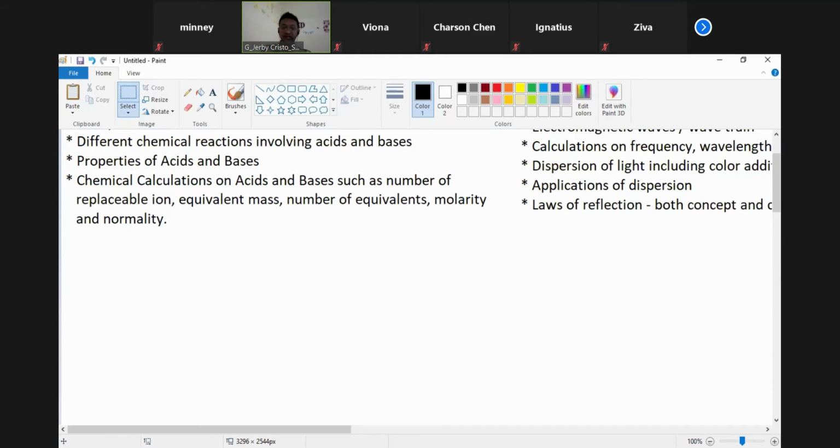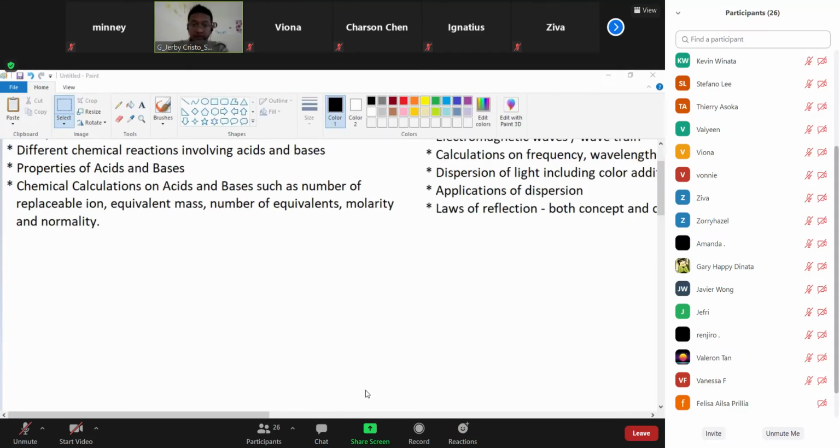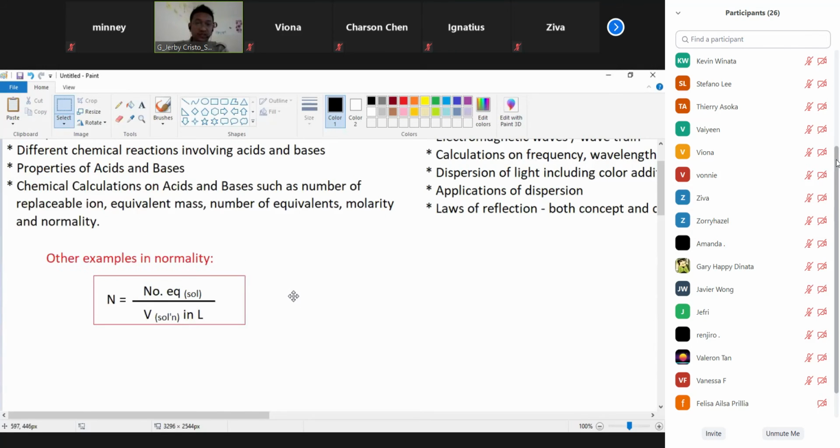Now let us have some examples of calculations for normality. Remember the formula for normality, which is N equals number of equivalents of solute divided by the volume of the solution in liters. This is the working equation that we will use for normality.